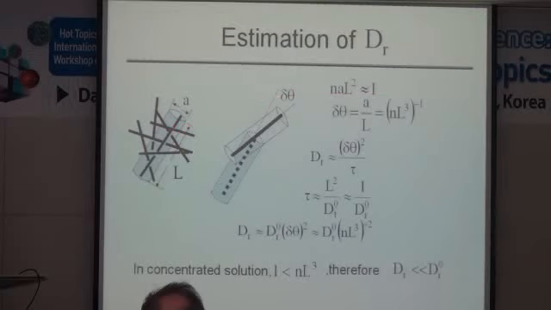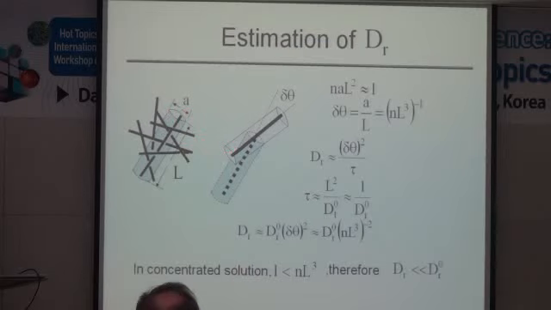Now, the argument to estimate the rotational diffusion constant in this situation is the following. This is the so-called tube model. As long as the mutual configuration of the rods is not changed, the rod can't change its orientation, which is essentially confined in this tube-like region restricted by the other rods.